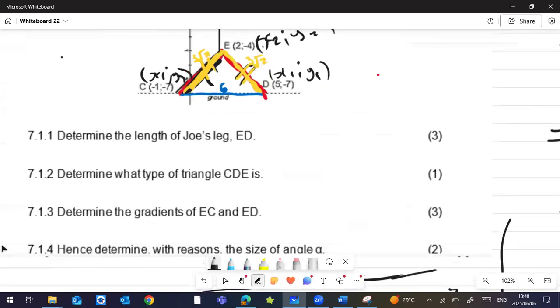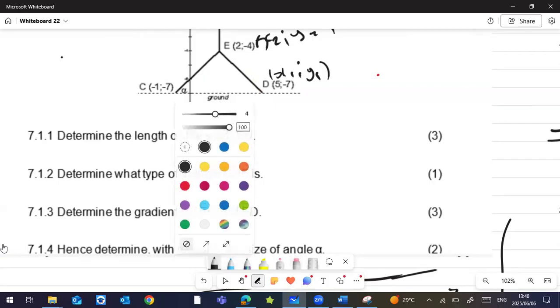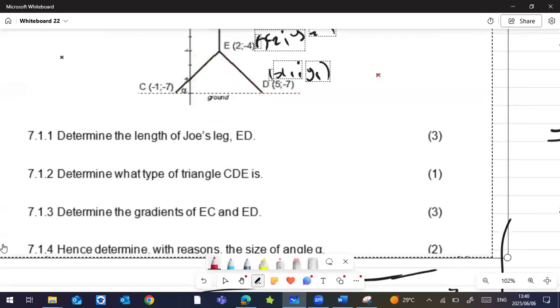Now, let's look at the angle alpha where it is positioned. Allow me to erase here. Our alpha. All right. Let me just get a different color again. So we must use line EC.